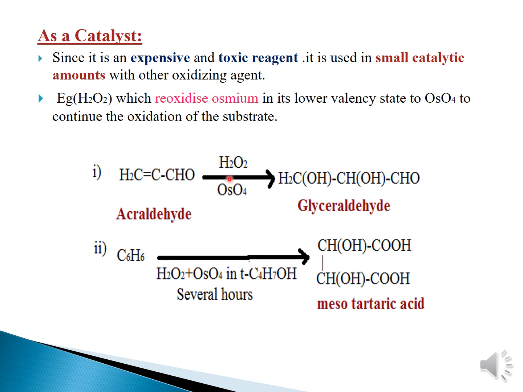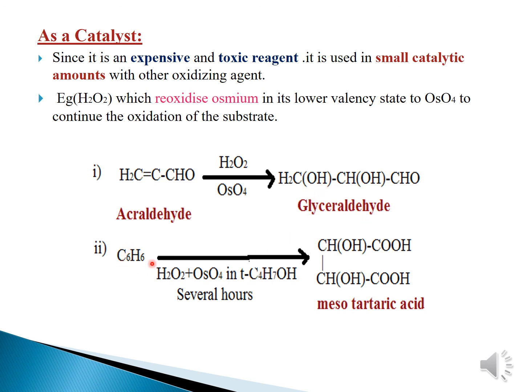In the first reaction, we take acrolein, which is treated with hydrogen peroxide and osmium tetroxide. When this bond breaks, it hydrolyzes to give OH, and here also an alkene to OH conversion, so you get glyceraldehyde as the final product.